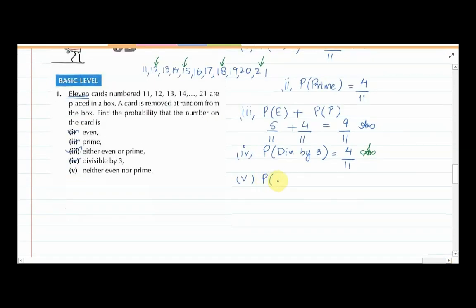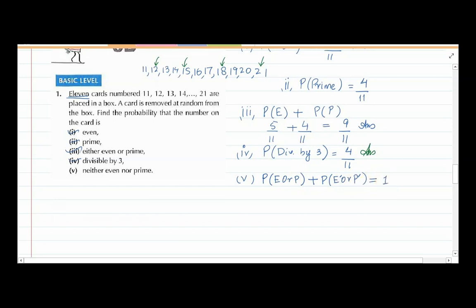So I can say that the probability that the card is even or prime, plus the probability that the card is not even or not prime, I use the sign complement to represent it, is equal to 1.